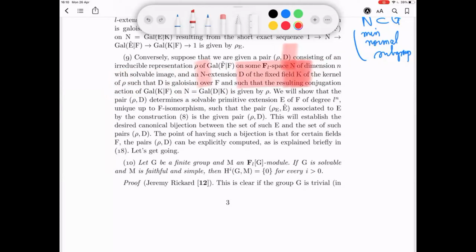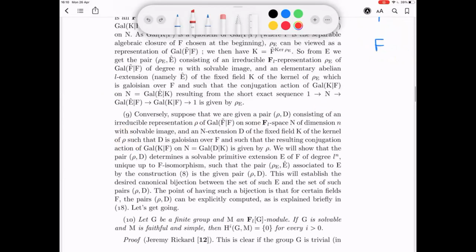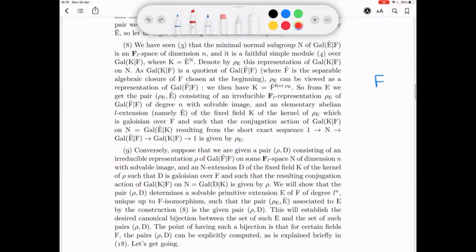K is the fixed field of rho, D is that extension, which is required to be Galois over F, and when it's Galois over F, you get the conjugation action of the Galois group of K over F on N, and that should be given by rho. So it's somewhat of a mouthful, but finally, it's not all that difficult, right?